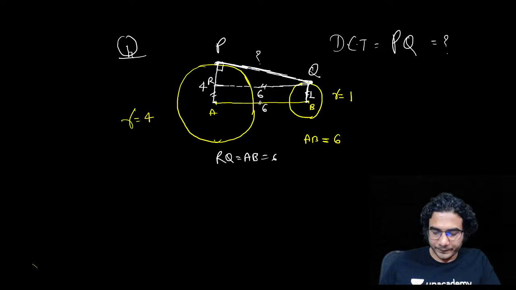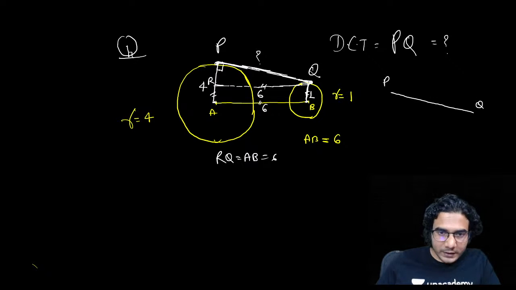Now you can see this triangle. I am copying it here. This is PQ. What is this distance PR? It will be 1, same as this. Here 1, and the total is 4, so this is going to be 3, right?